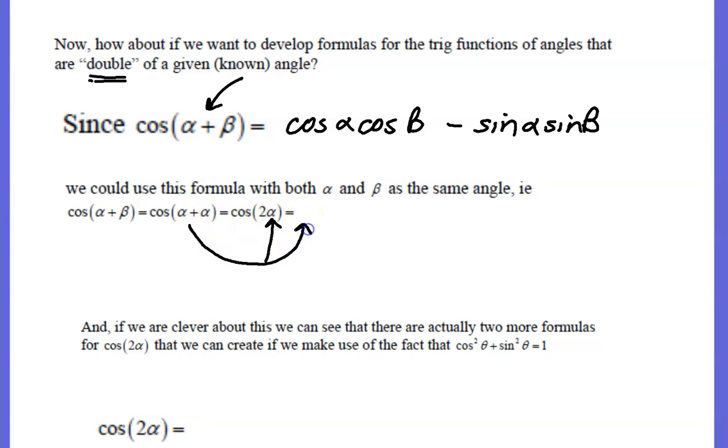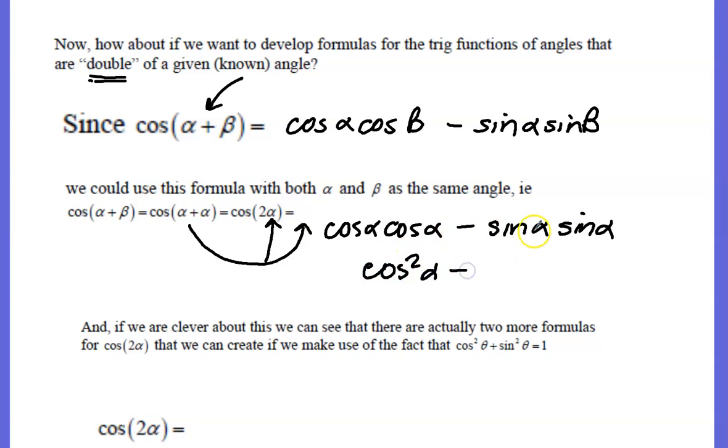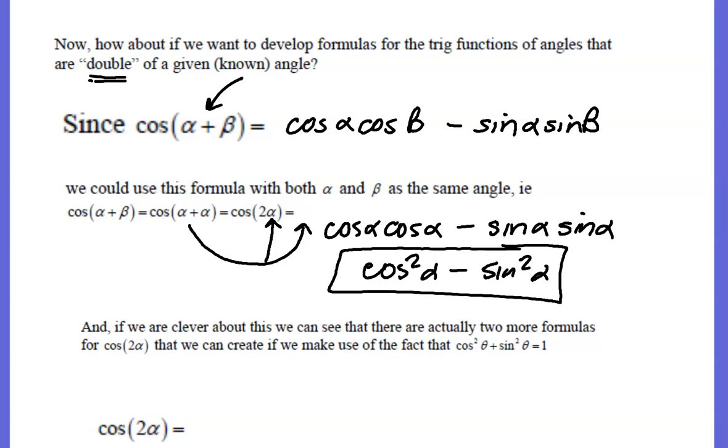If I do that, then that would be cos of the first, cos of the second, which are the same angle, minus sine of the first, sine of the second, again, same angle. So since they're the same angle, we could call this cos squared of alpha, and these are the same angles, so sine squared of alpha. So there we go. There's our first identity for cos 2 alpha.